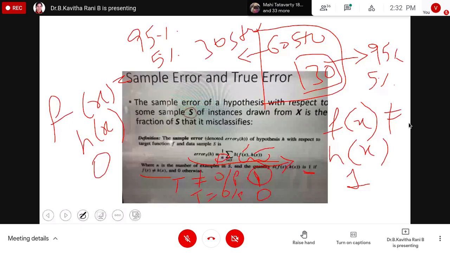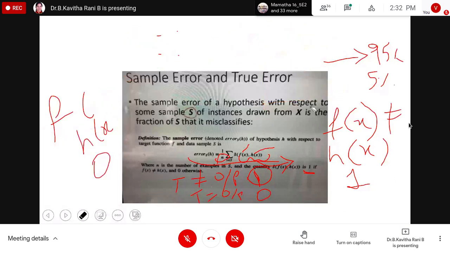So I'll clear everything. What is happening in this formula?